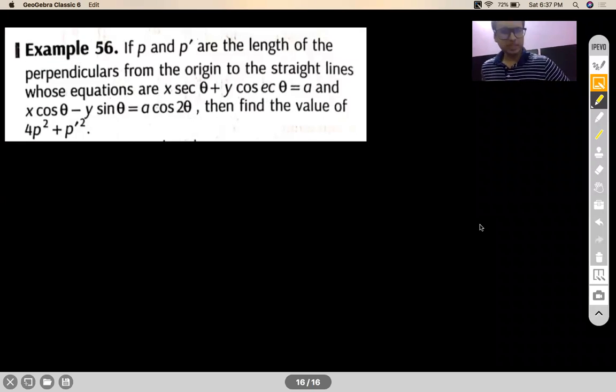So this question says, if P and P dash are the lengths of the perpendicular from the origin to the straight lines whose equations are given to you, find the value of 4p square plus p dash square. Of course, your answer will be in terms of A only. Okay, so once you're done, please put forth your response on the chat box.